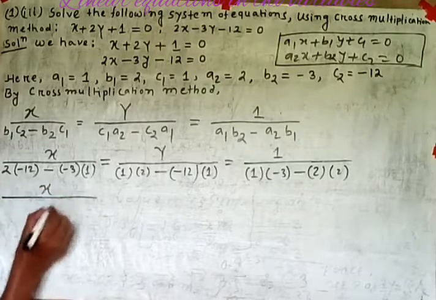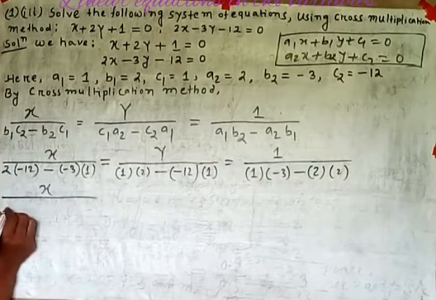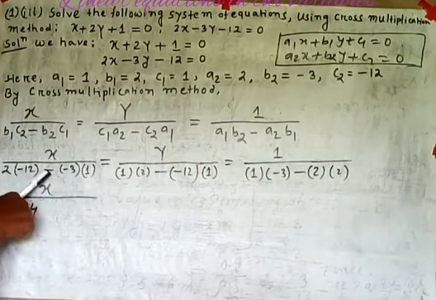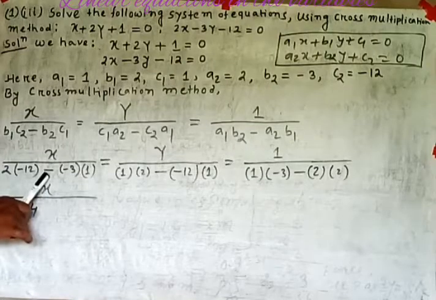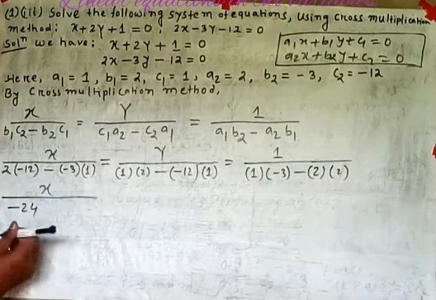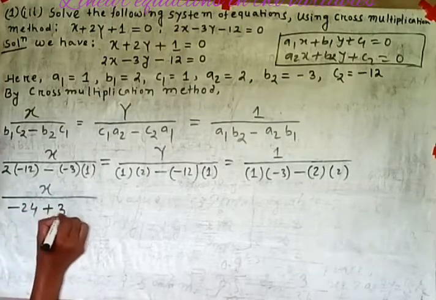x is x, then 2 into minus 12 is minus 24. Minus is minus, and for this minus 3, minus into minus means plus, then 3 into 1 means 3.